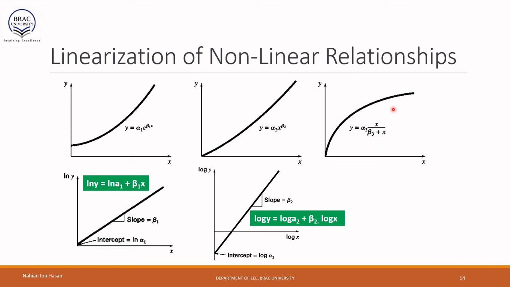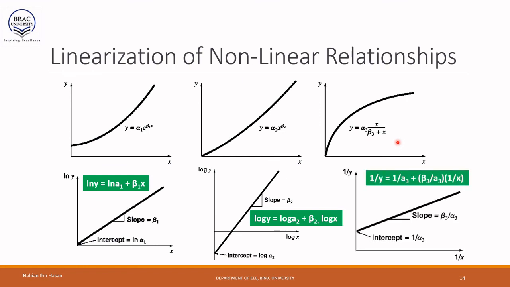Similarly, we can linearize this equation y equal to alpha 3 x by beta 3 plus x. How can we linearize this equation? We just take the inverse of both sides. That means 1 by y equal to 1 by alpha 3 plus beta 3 by alpha 3 times 1 by x.